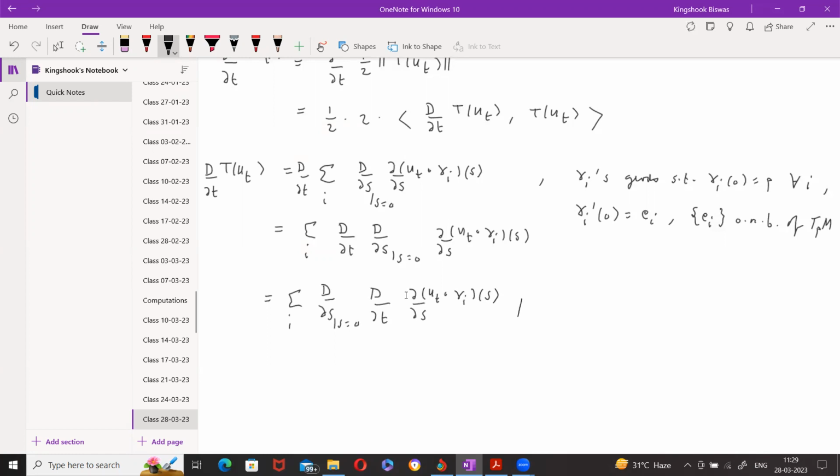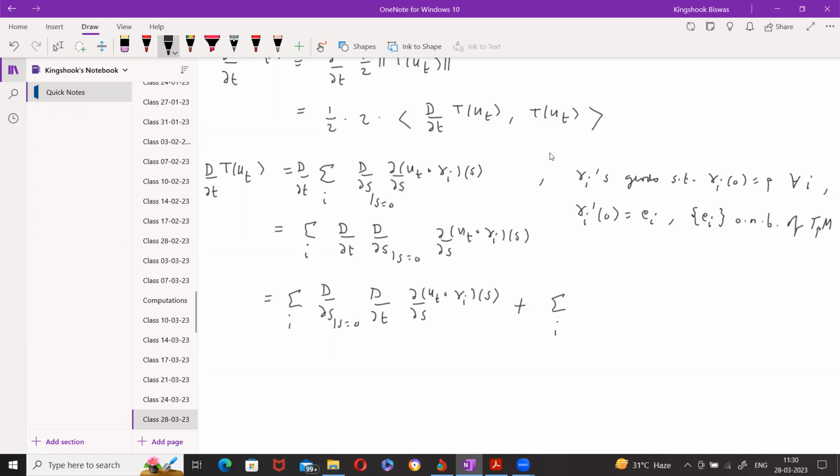But then I'll have to add a curvature term, so I'll get a sum over i. This d del t, d del s minus d del s, d del t, that is exactly the curvature R of del del s, del del t.